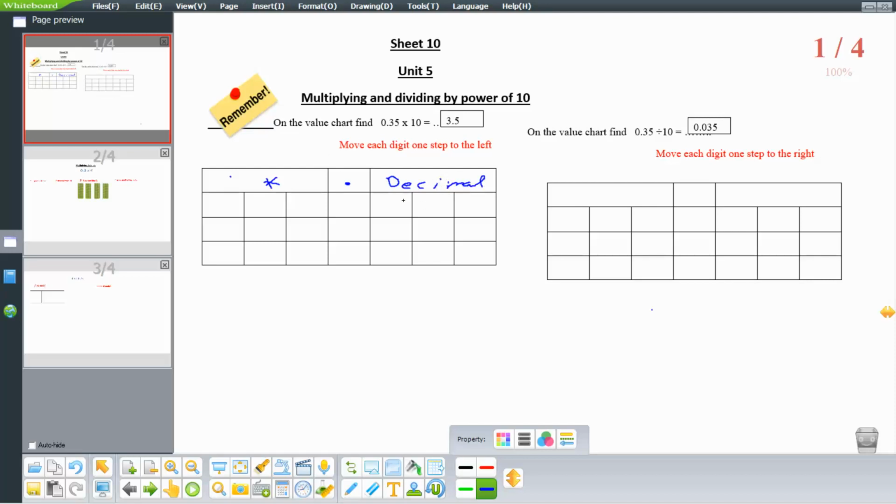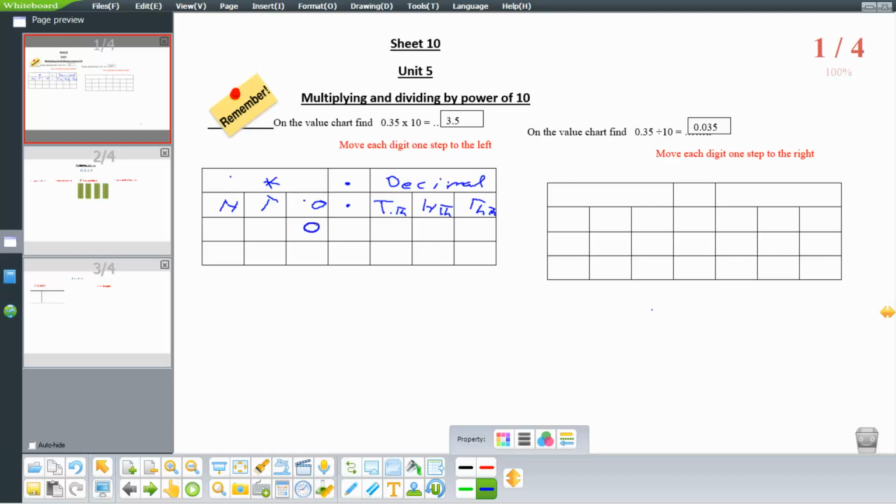Here we have ones, tens, and hundreds. And here we have the decimal point, and then tenths, hundredths, thousandths.